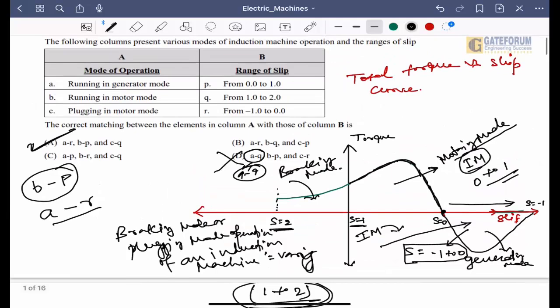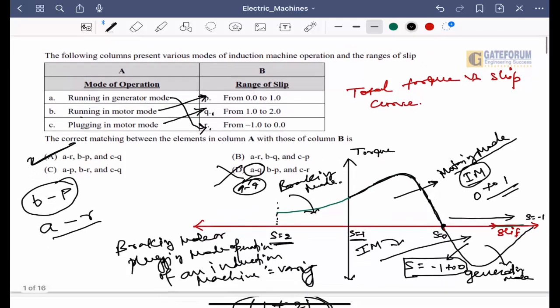So this is C, the option will be Q. So A will match with R, B will match with P, and C will match with Q. So A is the correct option.